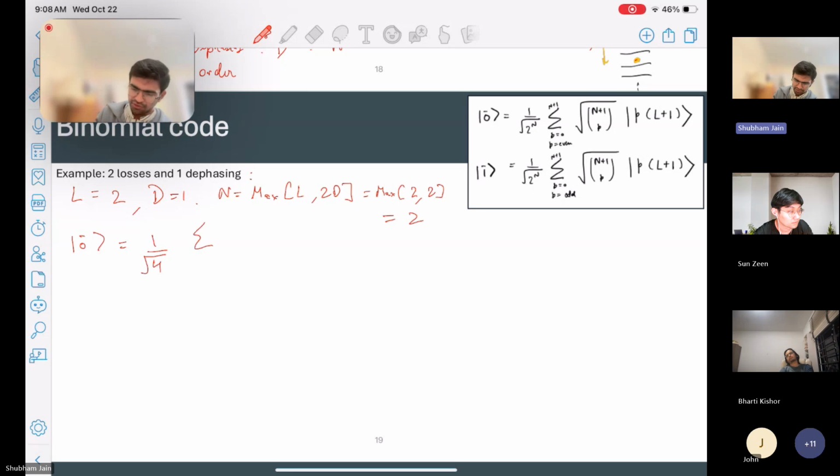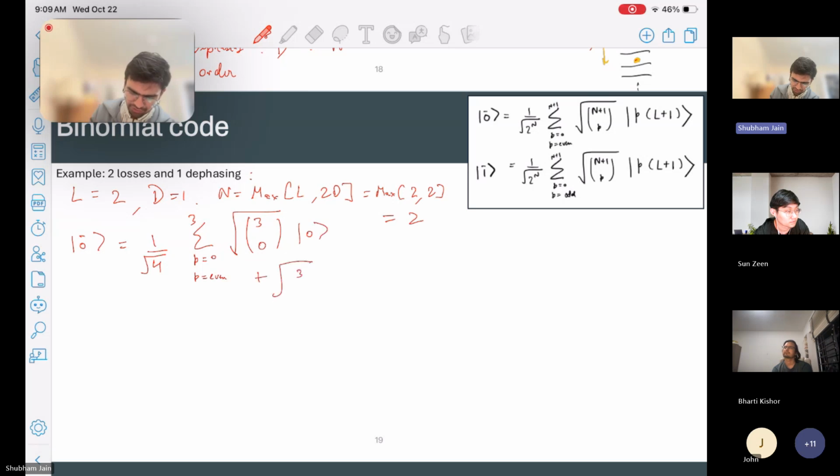Square root of 4 times the sum over p from 0 to 3, which is n plus 1, but only the even ones. And square root of n plus 1, which is 3, with the 0 state, plus square root of 3, 2 with the 2 state. Wait, is that right?